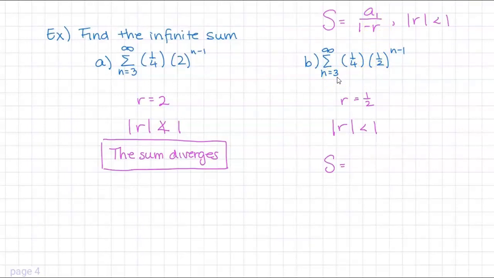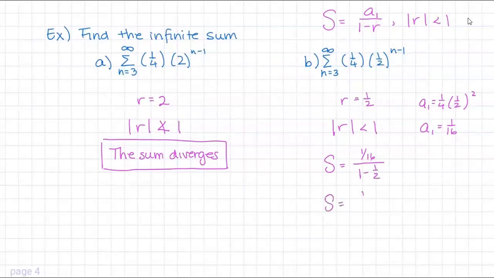So I'll actually put this off to the side here. a sub 1 is going to be 1/4 times 1/2, and it's going to be to the power of 3 minus 1, which is 2. And when you work that out, you're going to get 1/16. So there's our numerator. And the denominator is just 1 minus r, but we already know r is 1/2, so it's 1 minus 1/2. And please don't take your calculator out for this. I'll be so sad.